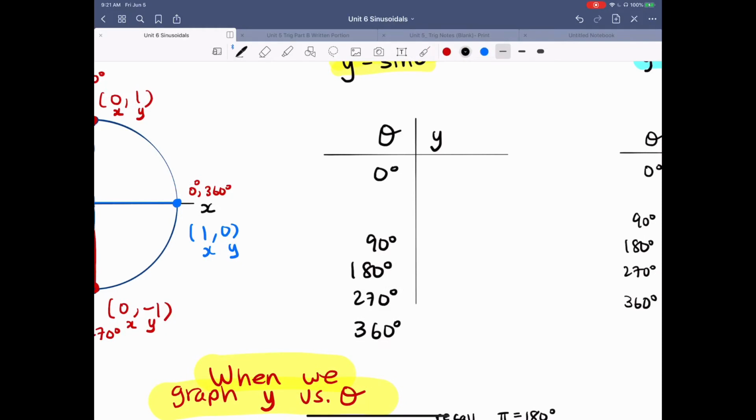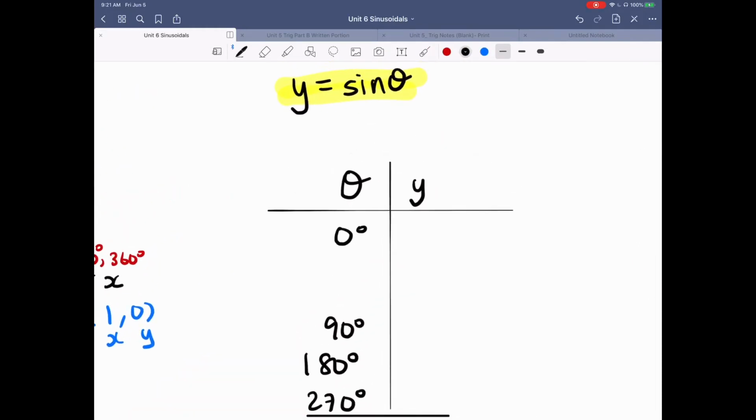I do need to write this part: my sine theta from the previous unit came from the fact that it was y over radius. That was based on the triangle we were able to draw on a unit circle, where this is the y, this is the x, and this is the r.